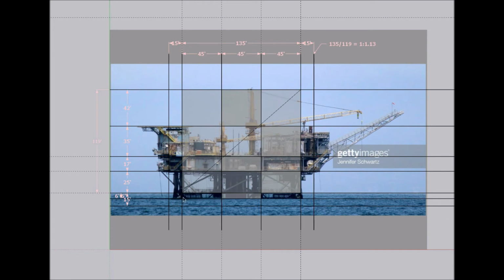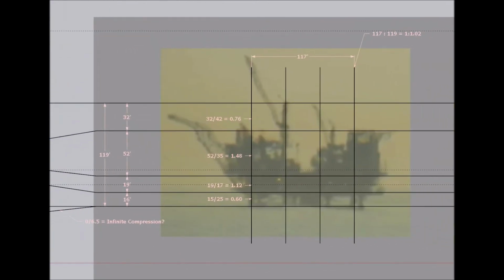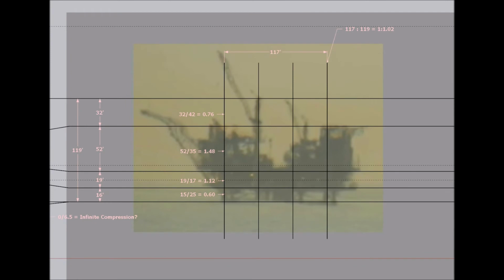And then what I did was I brought in the refracted image as well. And in order to be able to compare them side by side, I had to pick a common dimension.